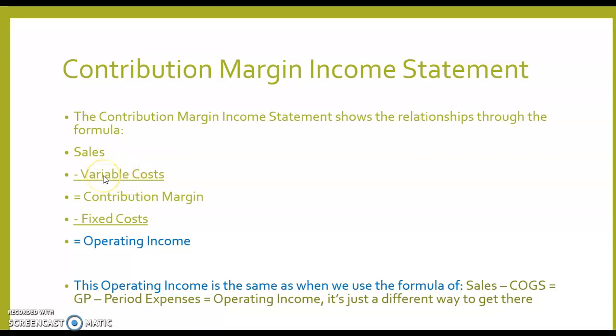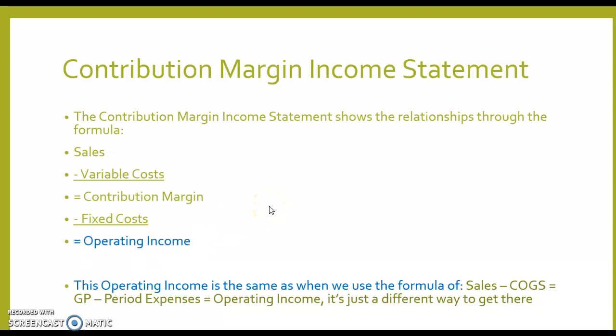But for this statement, all variable costs, whether they happen in the factory or in the office, we subtract from sales to get the contribution margin. Then from there, we subtract all fixed costs, whether from the factory or the office, and we get down to operating income.